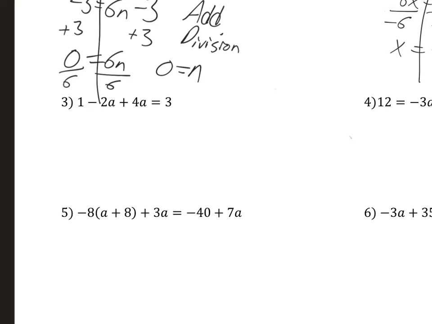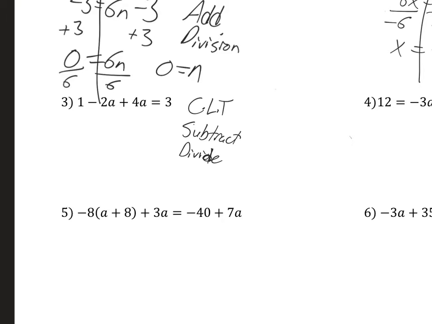So tell me what steps you did and what the final answer is. Okay, so you should have said that a equaled 1, and your steps were combine like terms, subtract, and divide. So let's double check that that works.